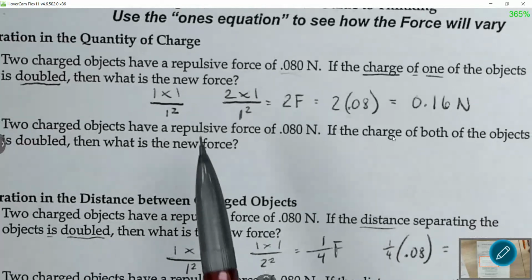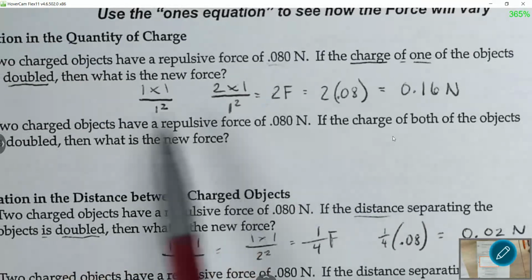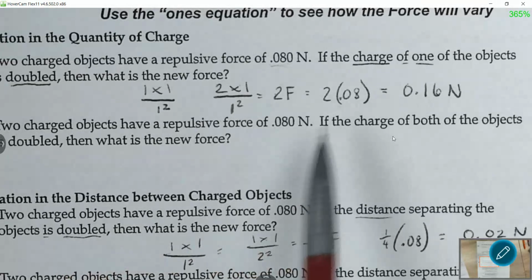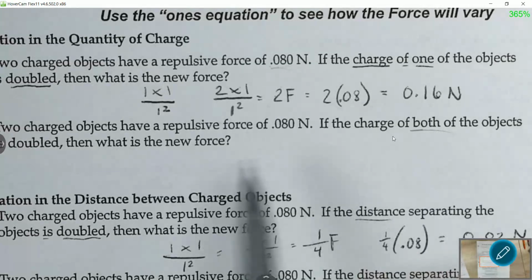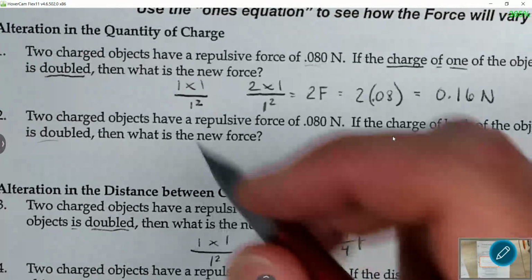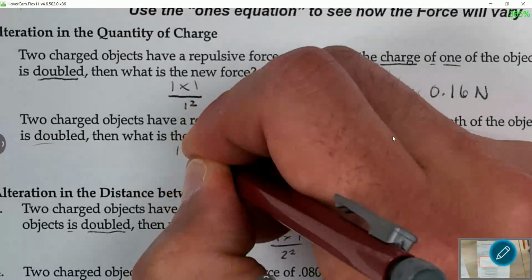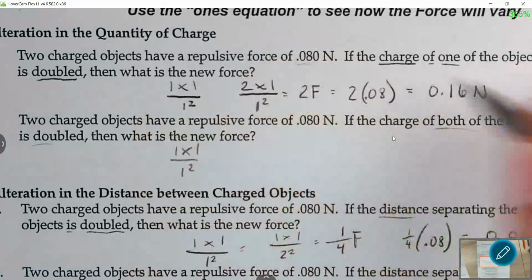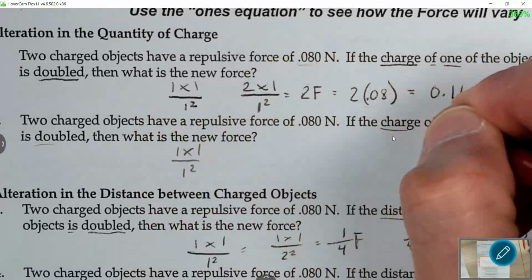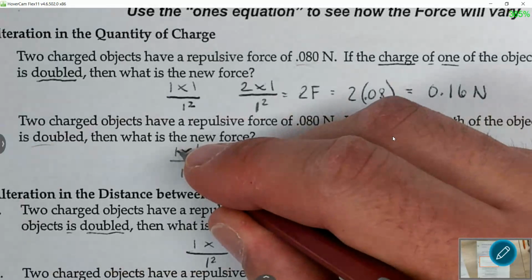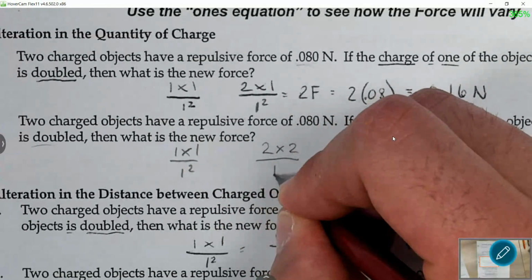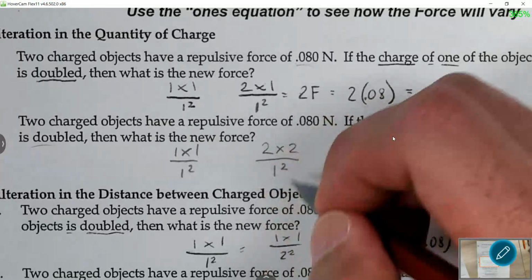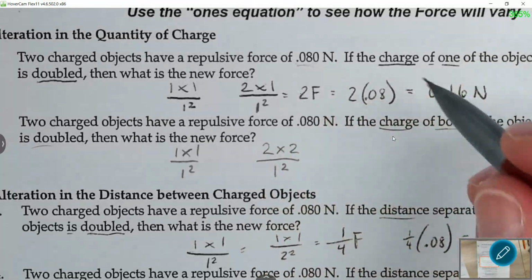newtons. Now here it says, again, the beginning starts the same. So this is our charged object. Now it says if the charge of both of them is doubled, what are we going to do, right? We still have our 1 times 1 over 1 squared. If the charge of both is doubled, both my charges are going to become 2. 2 times 2, they didn't tell me anything about the distance, so I leave it as a 1.